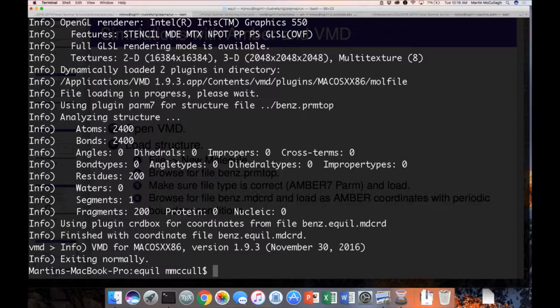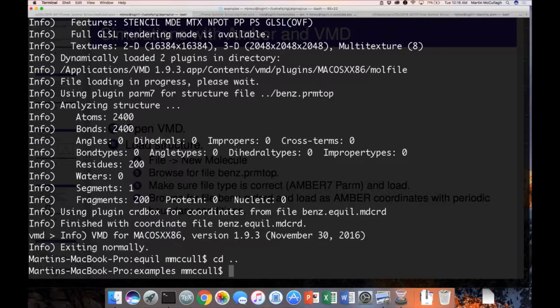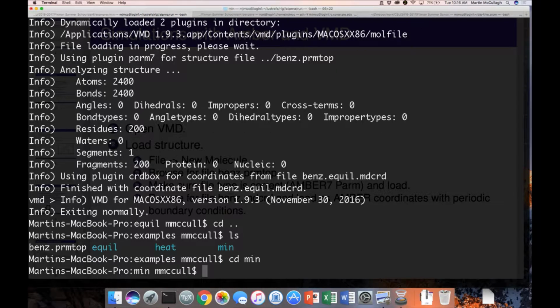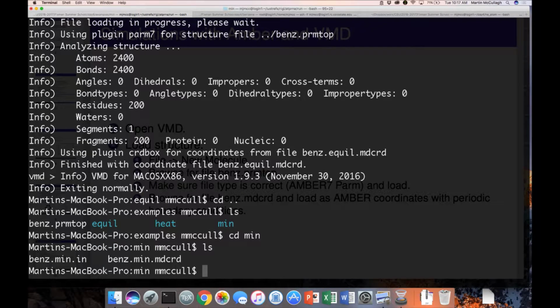Okay, so let's take a look at the minimization. So in examples, min, right? This is the example of what it looks like when you run a minimization.